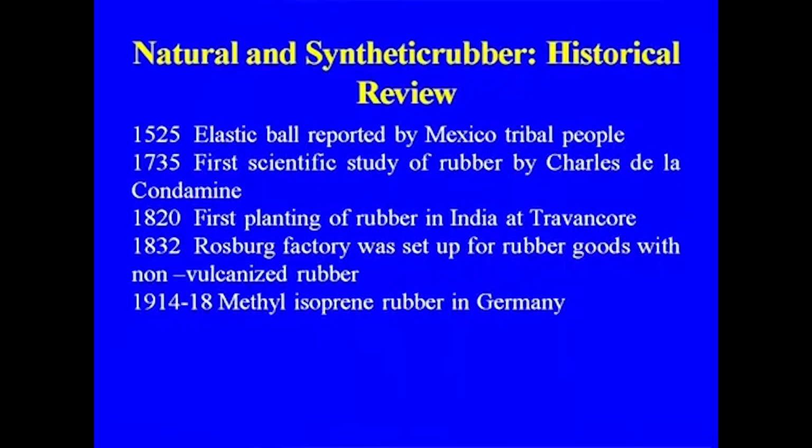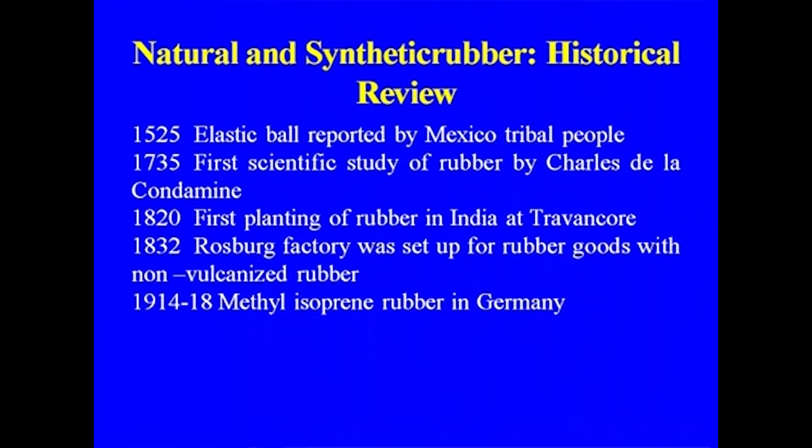Let us discuss some of the historical background, because so far as elastomer or rubber is concerned, this is not from ancient times. In 1525, an elastic ball was reported by Mexican tribal people. In 1735, the first scientific study of rubber was done by Charles de la Condamine.